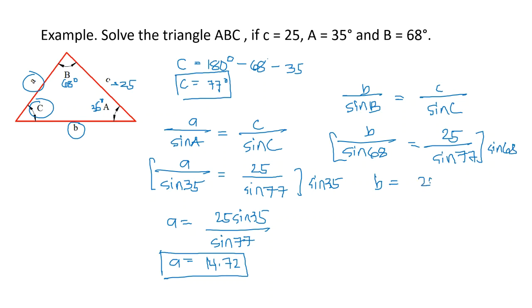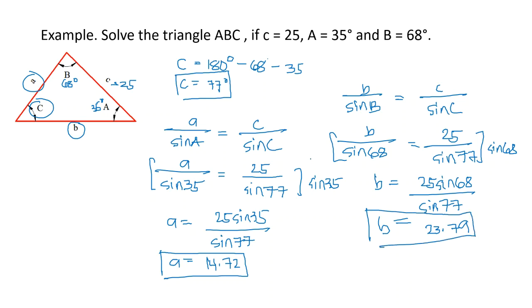So we have 25 sine 68 over sine 77, which is equivalent to 23.79. So that is for our B. Okay, so meaning to say we already solved for the triangle ABC.